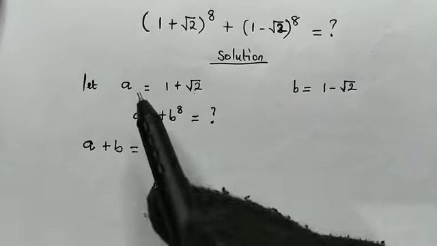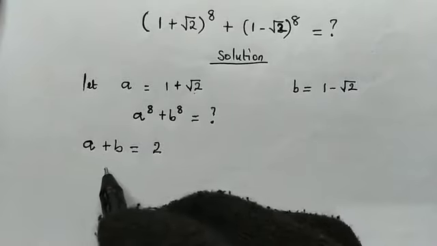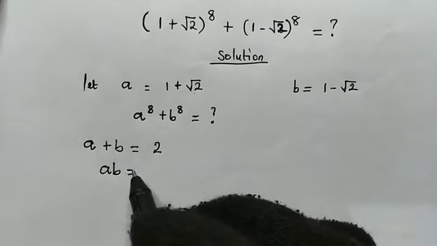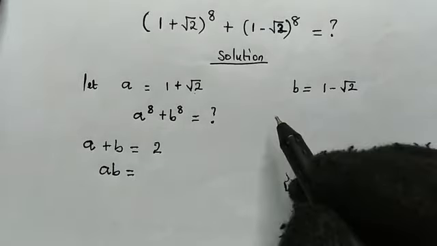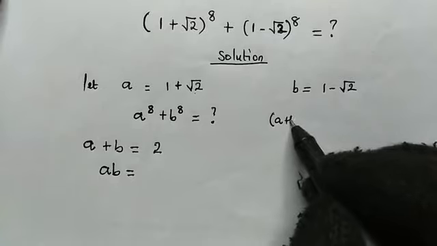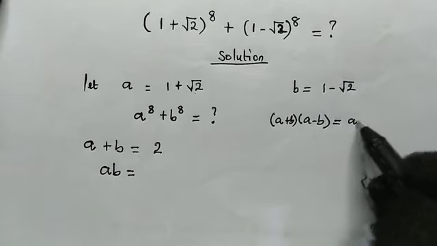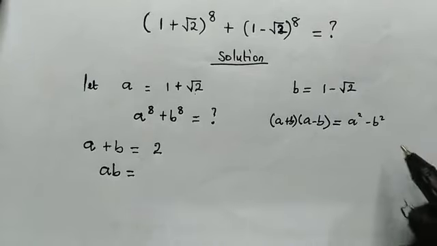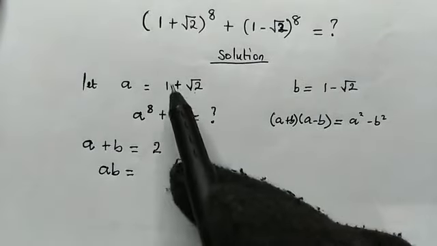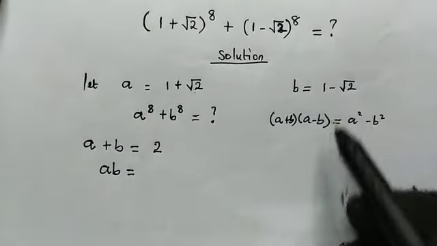Then, what about the product of A and B? The product of A and B will be the difference of two squares. Let us recall that (A + B)(A − B) is equal to A² − B².